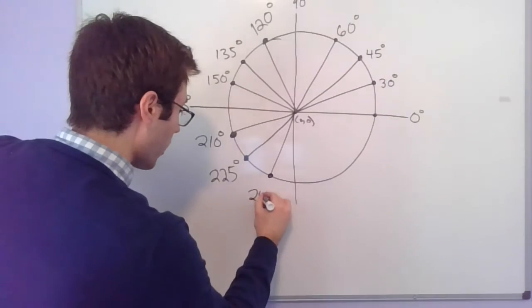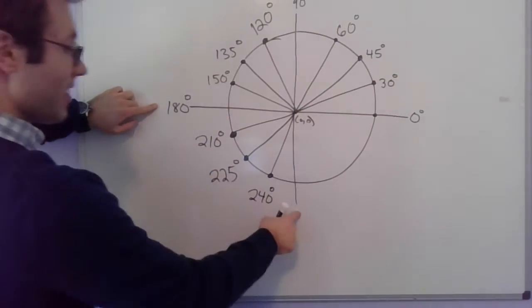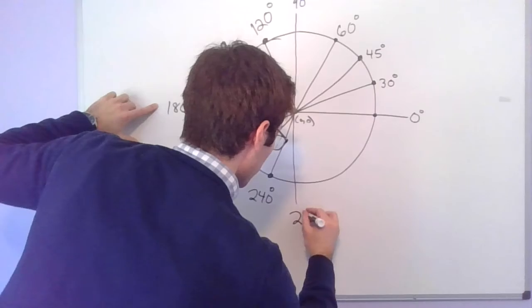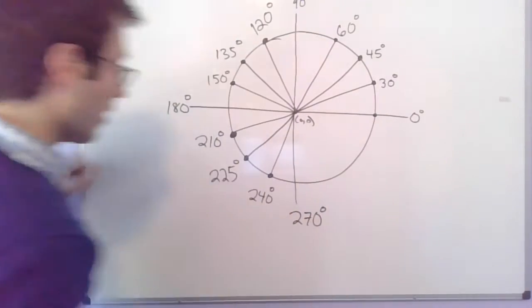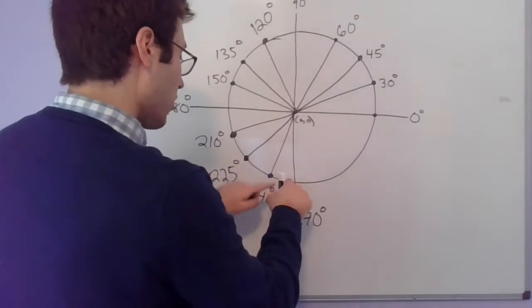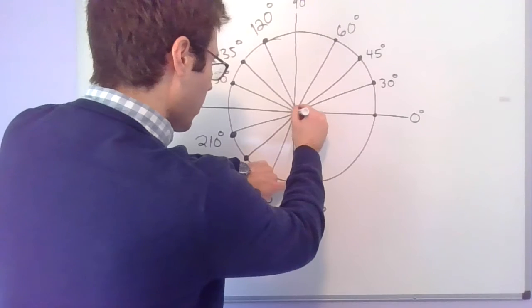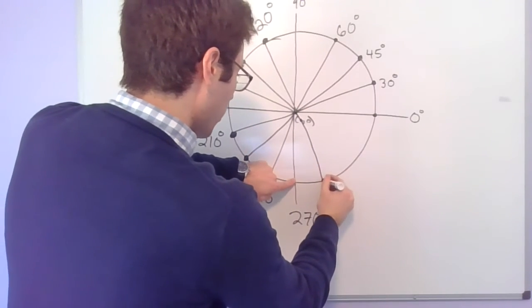So I'd be at 240 degrees right here. And then obviously 180 plus 90 is 270. This one should be right automatic. That's 270. Let's keep going. So we're at 270 right here. We go over a little bit, 30 degrees again. So this would be 300.